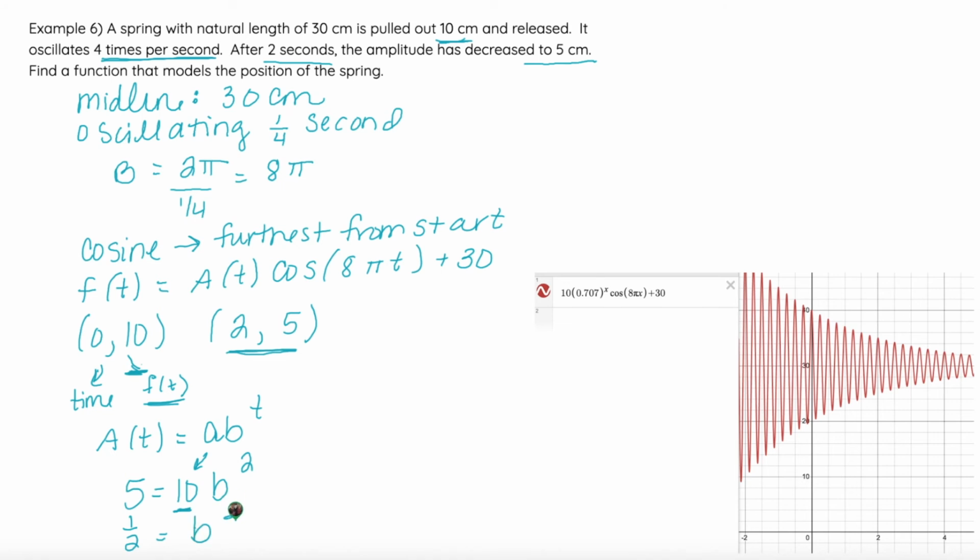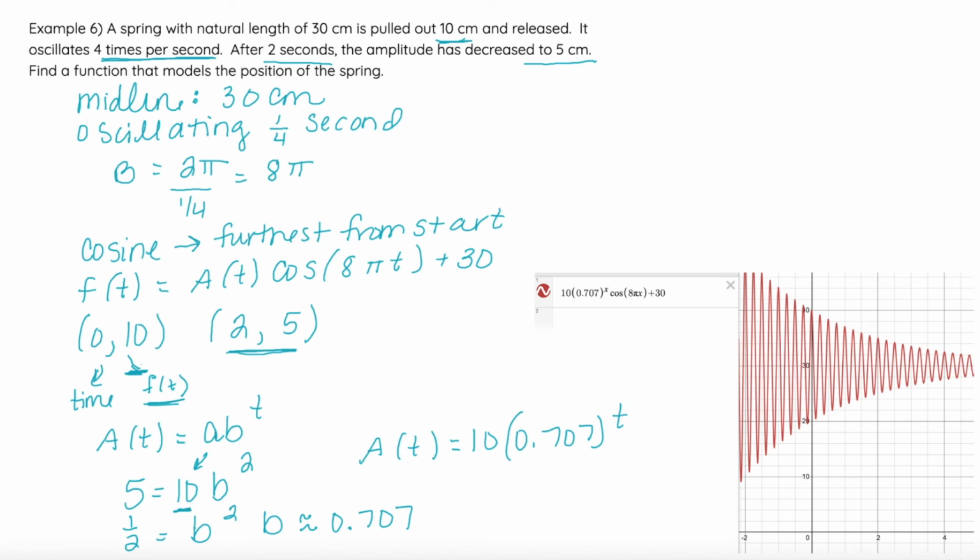And if I take the square root of 1/2, it's going to be a pretty ugly number. So b is approximately 0.707. Pretty ugly decimal, but it works. Therefore, a of t is equal to 10 times our base of 0.707 to the power of t.